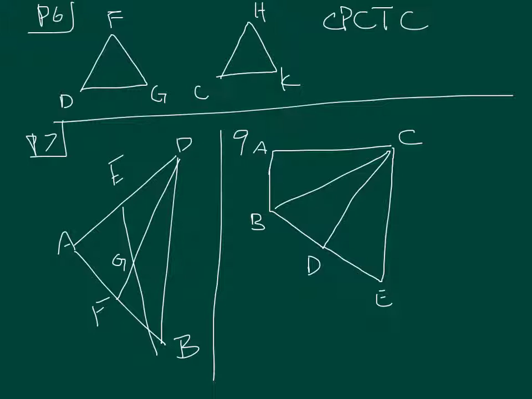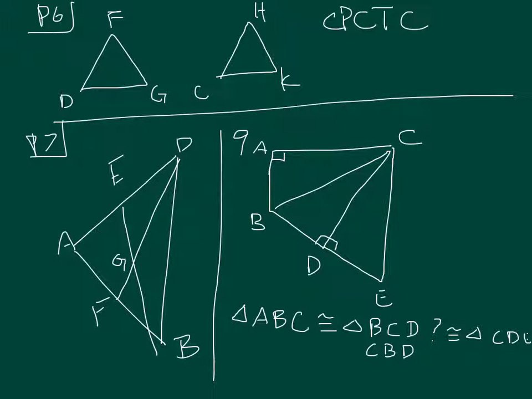If I decide to write triangle ABC, this looks like 90 degrees right there, is congruent to what? Triangle BCD or CBD or BDC or whatever, right? And would that be congruent to triangle CDE or EDC or ECD? That's the question here.